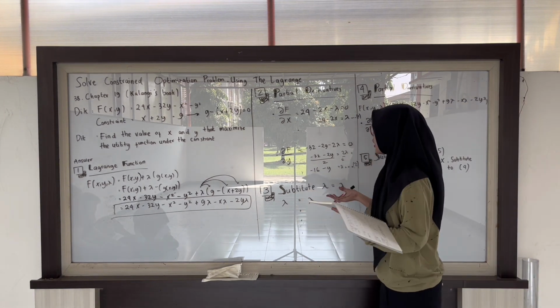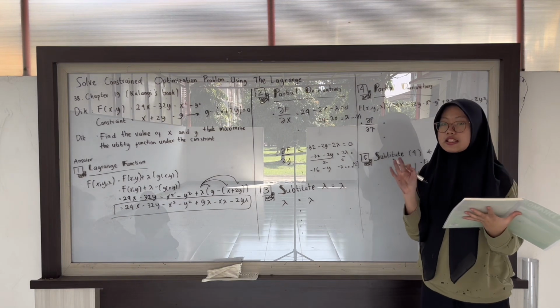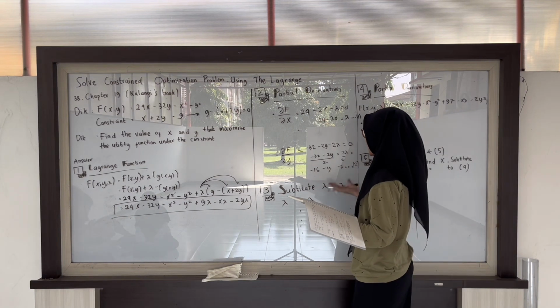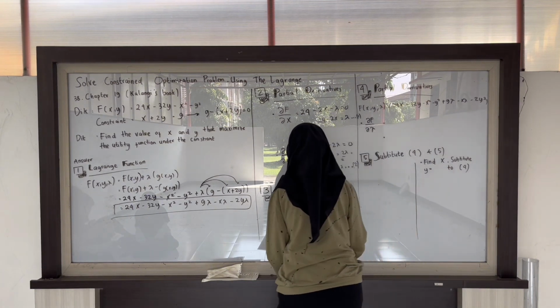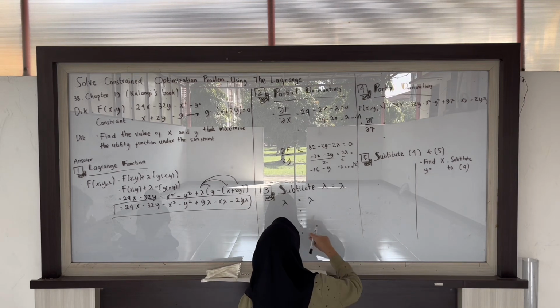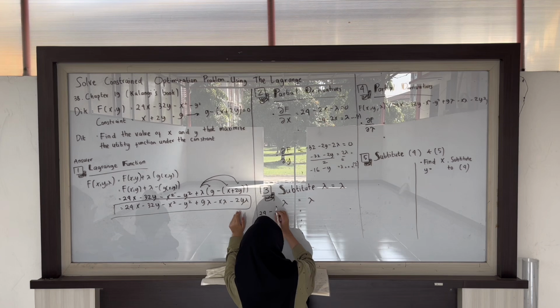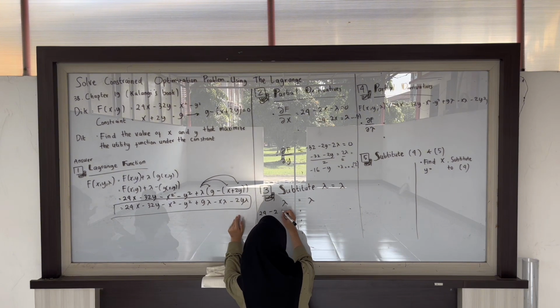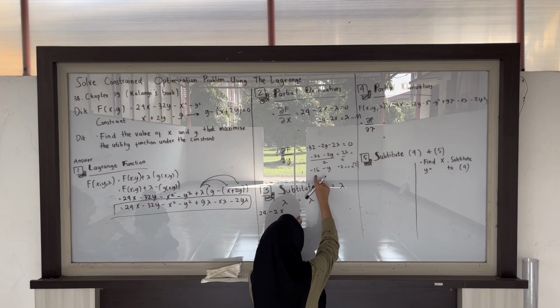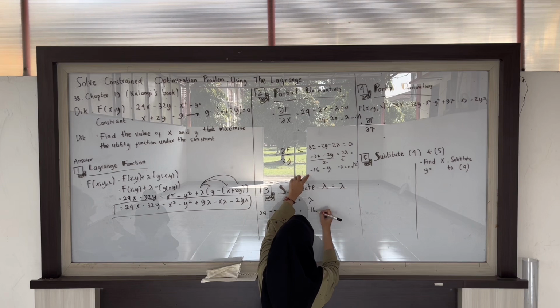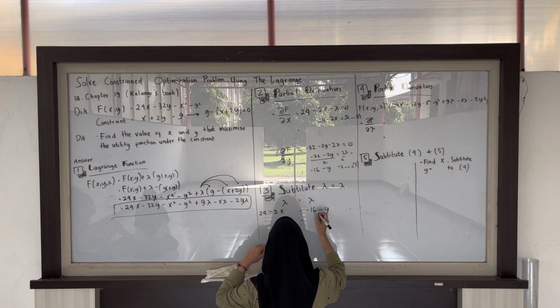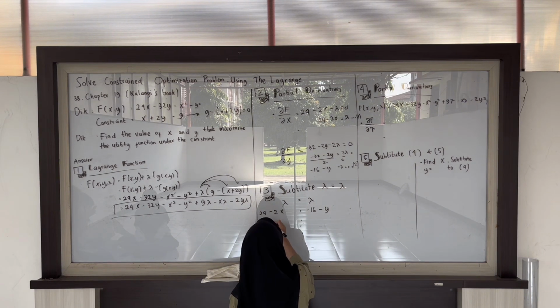And now the next step is to set lambda equal to lambda. So 24 minus 2x equals minus 16 minus y.